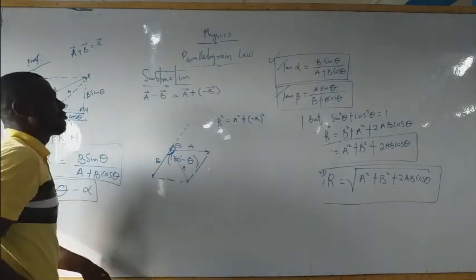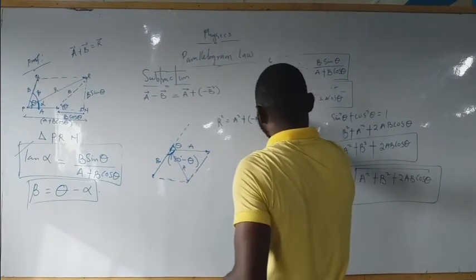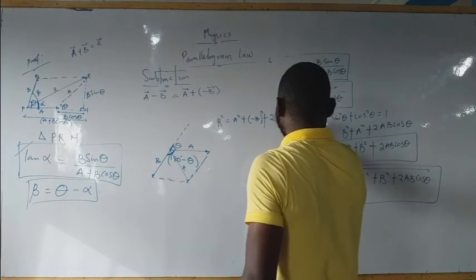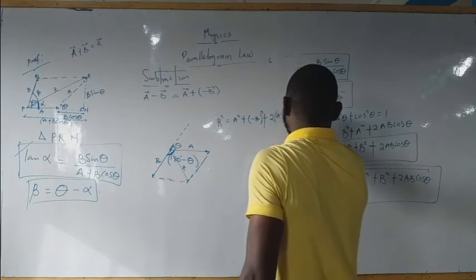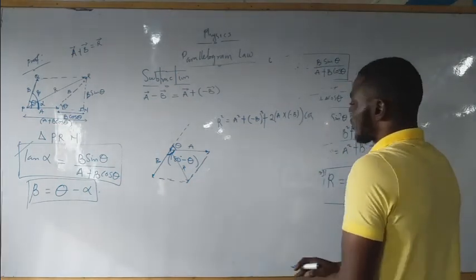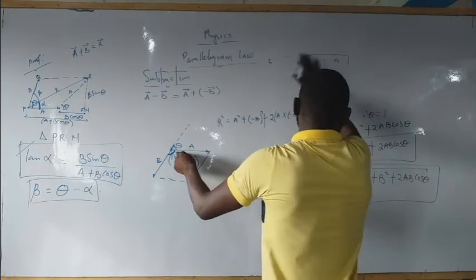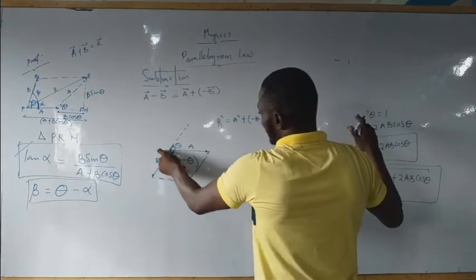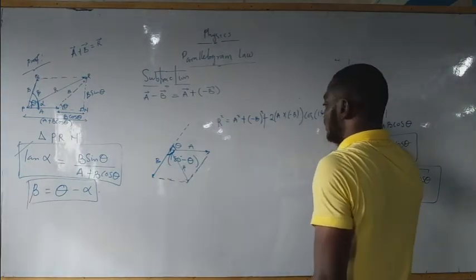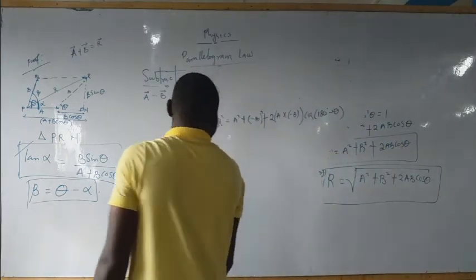Then B squared plus 2 times A times minus B cos, that will be cos of this angle, 180 degrees minus theta.